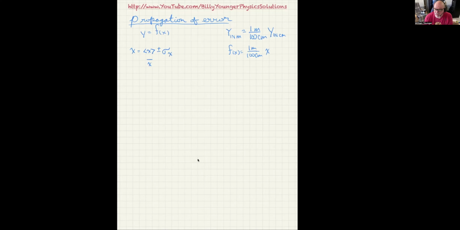That's the way values are recorded when they're reported from, for instance, a lab. So if you had that variable x, given by x bar, plus or minus some uncertainty in x, which we call sigma x, or the standard error of x, then how does that error sigma x come out after you use a function like f of x?